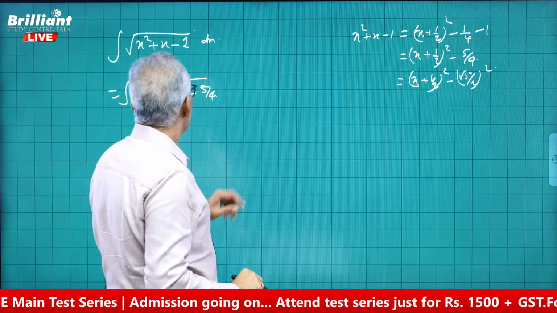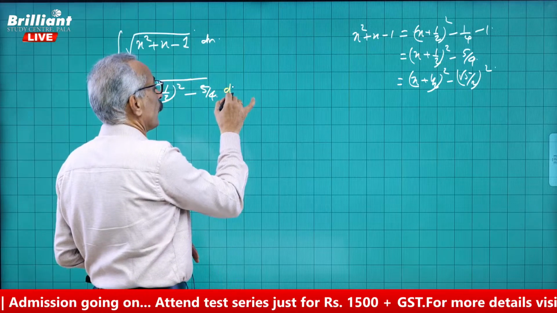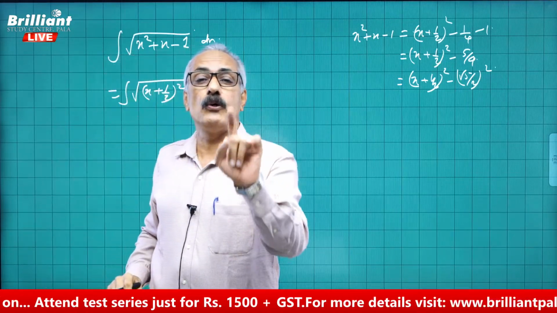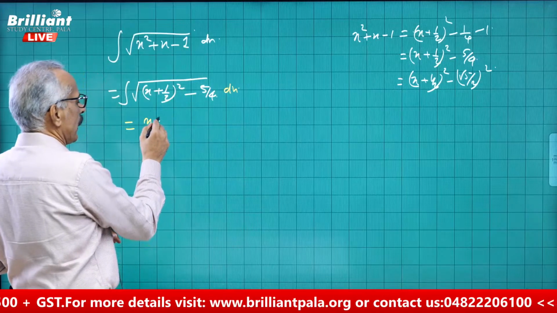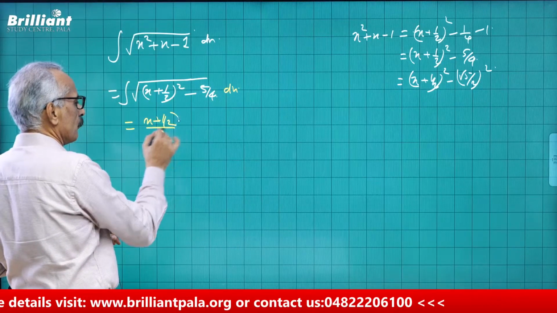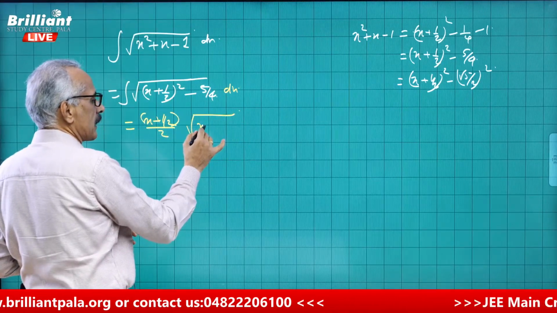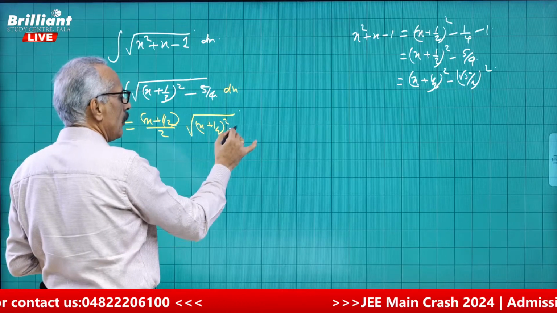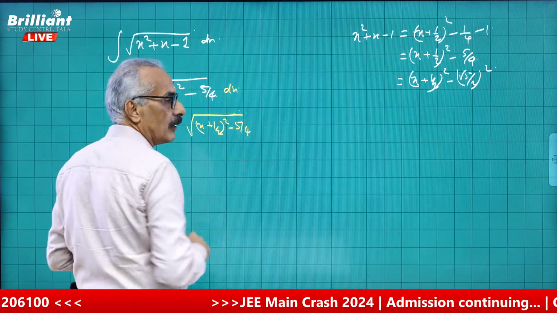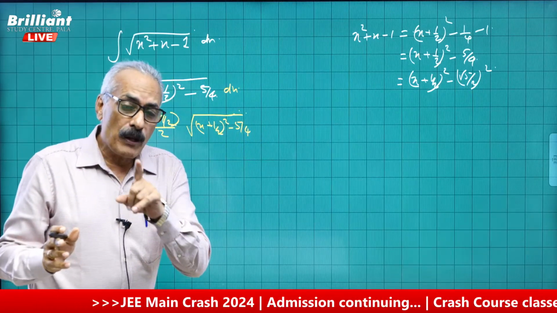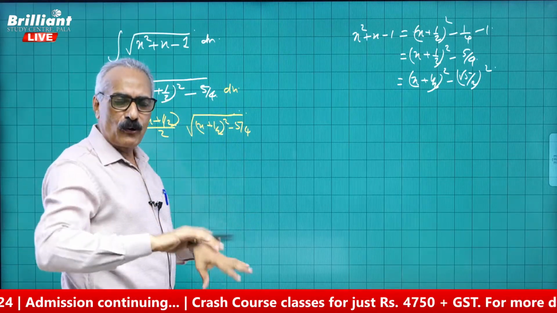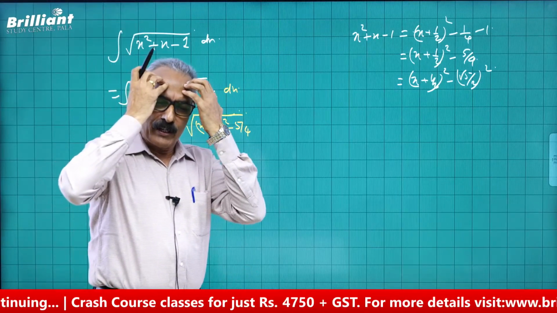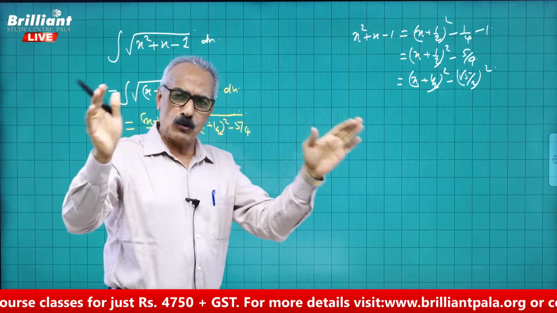Well, what's the thing I told you? x plus 1 by 2, divided by 2, into the question. The question is x plus half the whole square minus 5 by 4. Then what I told you? Plus whichever constant is there. Oh, there is minus 5 by 4. No worry whether it is plus or minus.